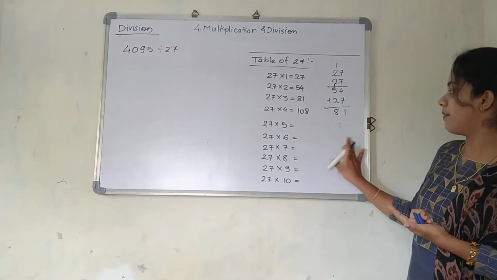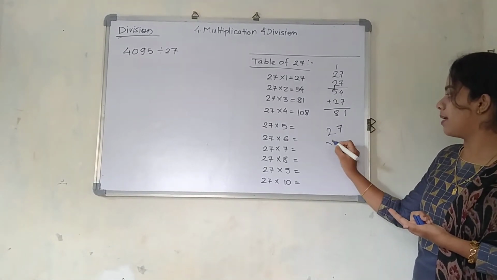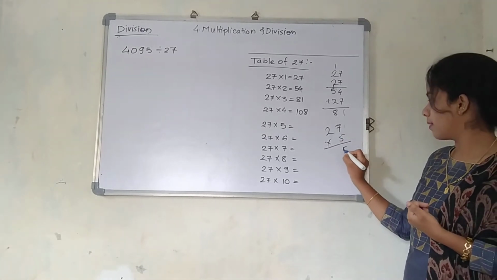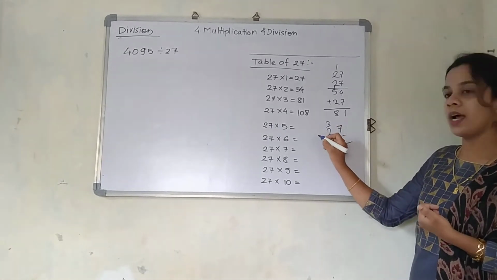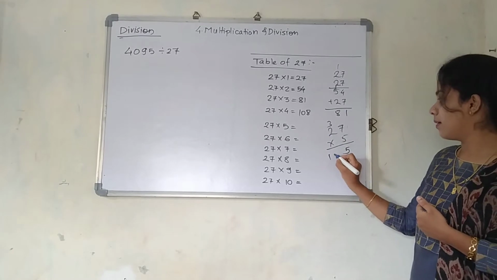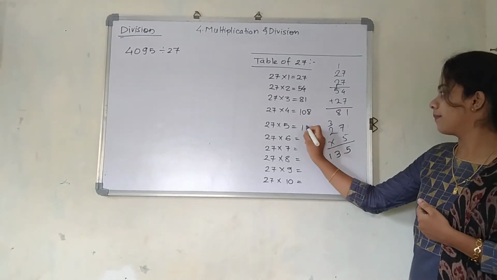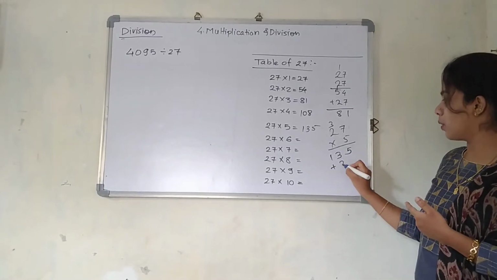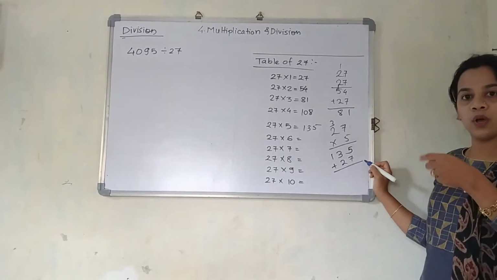You can see now 27 fives: 5 sevens are 35, 5 twos are 10, 10 plus 3, 135. Okay? You can also write the next one by adding 27 again to this number. So the next number will be 162.